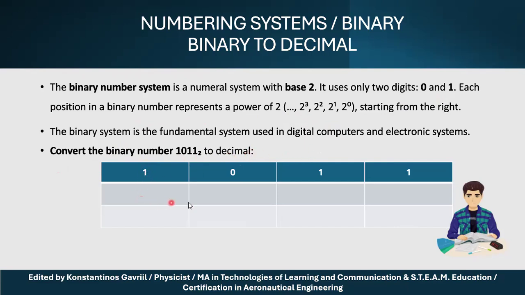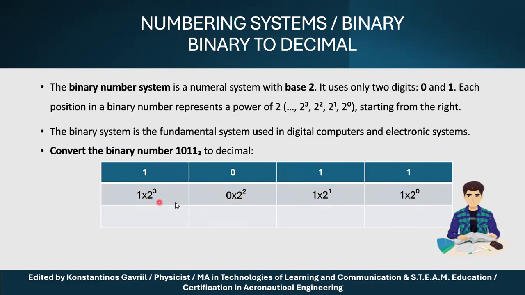We have this number, we write it here in a table to make the explanation clearer. We have 1011. Now we are going to express everything with multiplication between the number that we have in the first row with the power of 2. So 1 times 2 to the power of 0, 1 times 2 to the power of 1, 0 times 2 squared, and 1 times 2 to the power of 3.